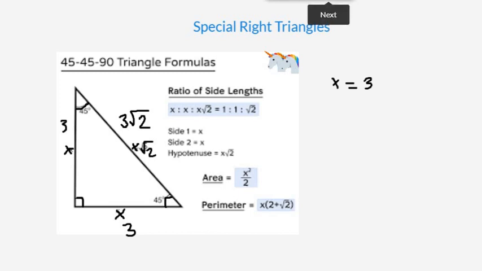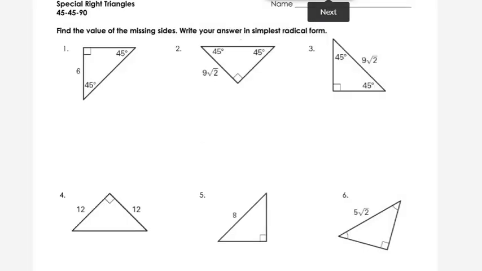Now let's move on and try and figure out the solutions to these questions here that involve special triangles, the 45, 45, 90 kind. Find the value of the missing sides. Now we have a 45, 45 right triangle.